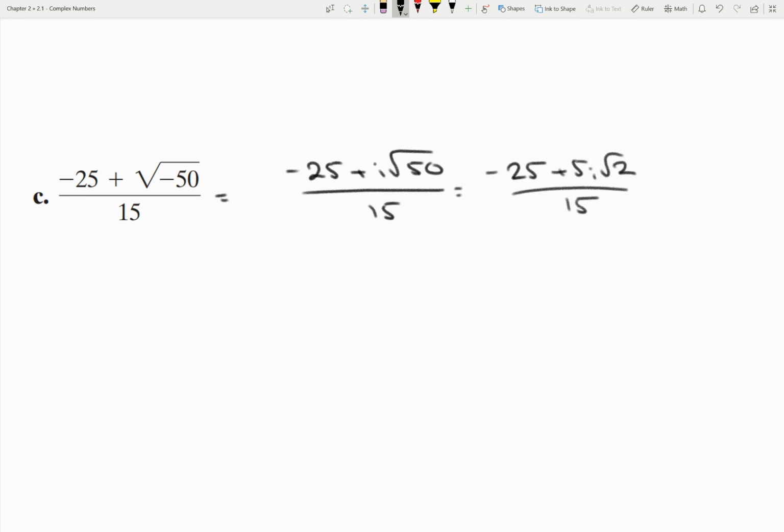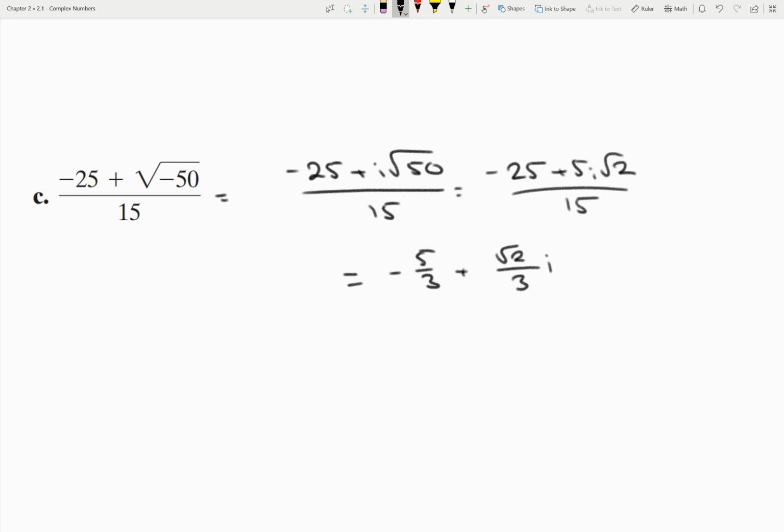And then they all have a common factor of 5, so I can simplify this expression. And I want to write it as two separate fractions anyway, so that turns into negative 5 over 3 plus i, well, let's make this nicer, √2 over 3.